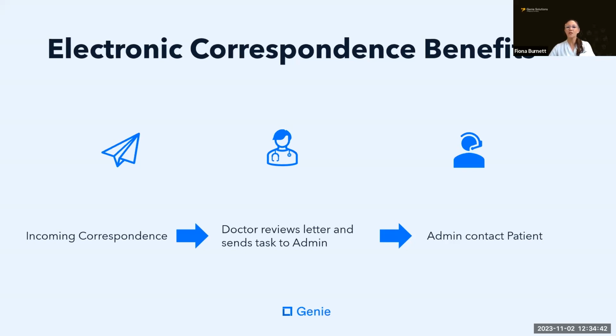Reception contacts the patient offering the next available appointment, and it's a smooth and seamless operation. You can even cut out that middle step if no triaging of referrals is required. This is a great way to ensure that incoming referrals are actioned promptly and your appointment book is filled.